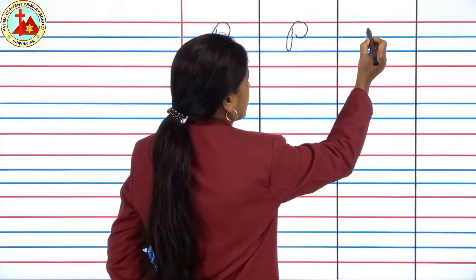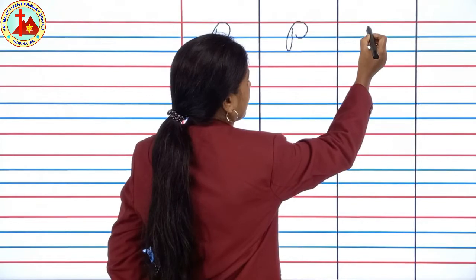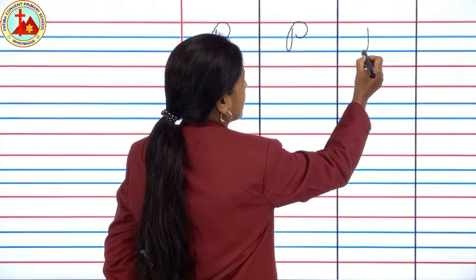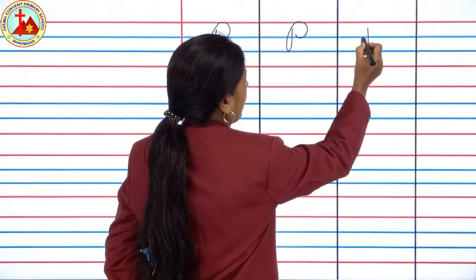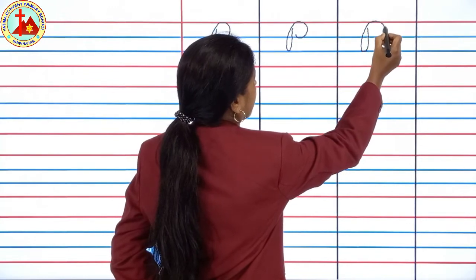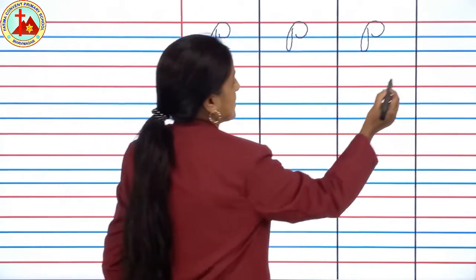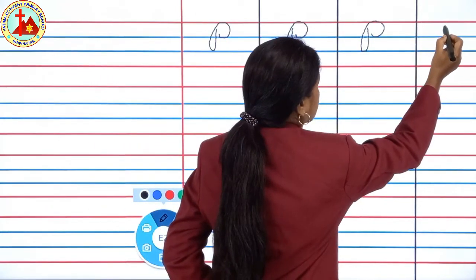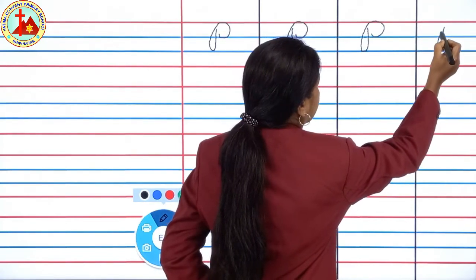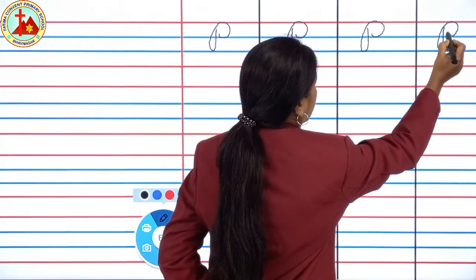Again, between the first red line and first blue line, we'll start the standing line till the second blue line, then loop outside, touch the first red line, curve. Cursive capital P. Again standing line, loop outside, touch the first red line and then the blue line.